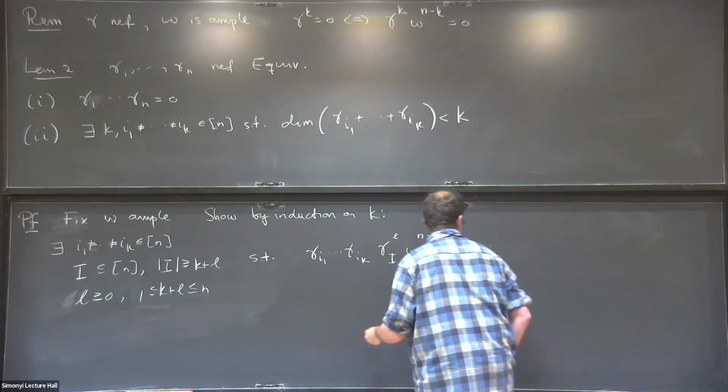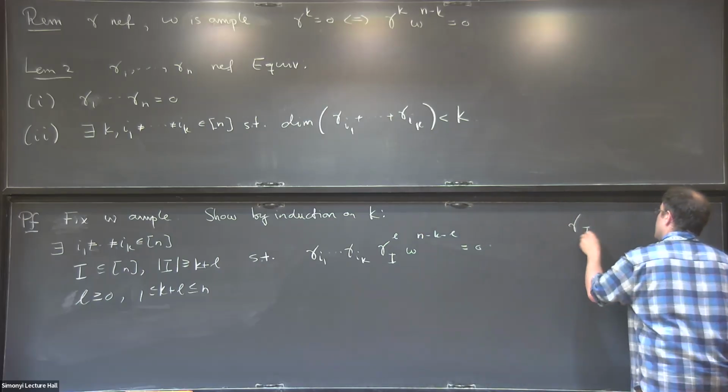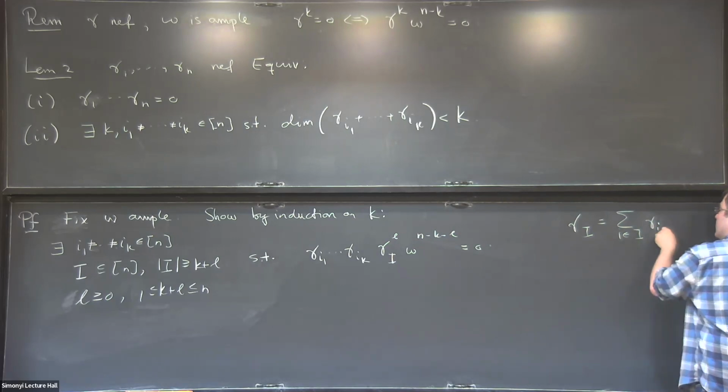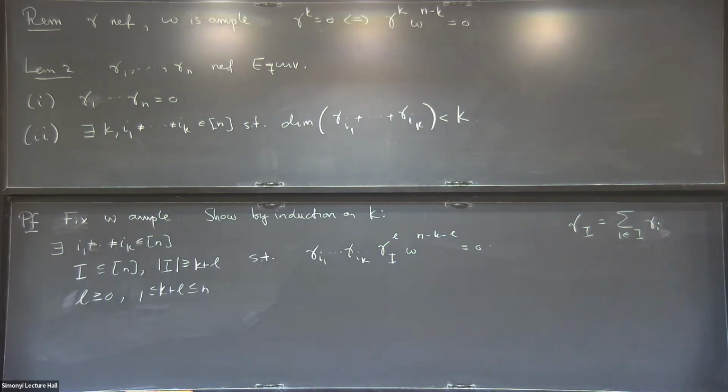Here, gamma I is just the sum of those indices, where I is a subset of indices.